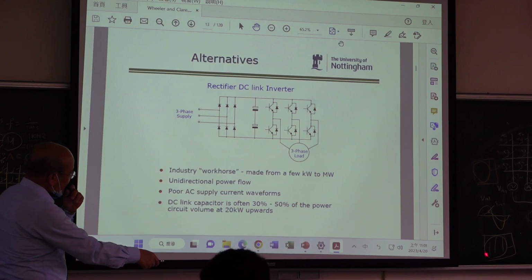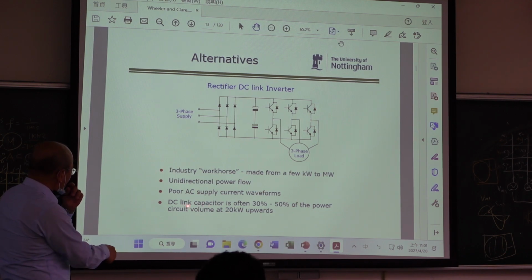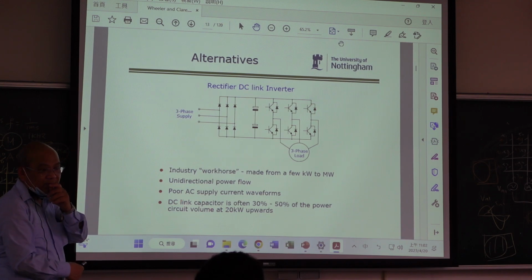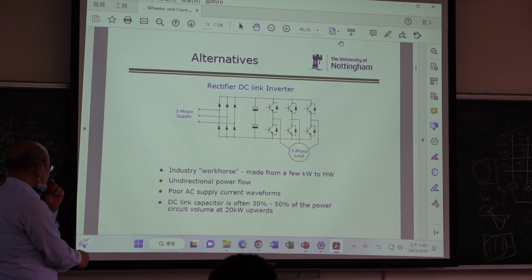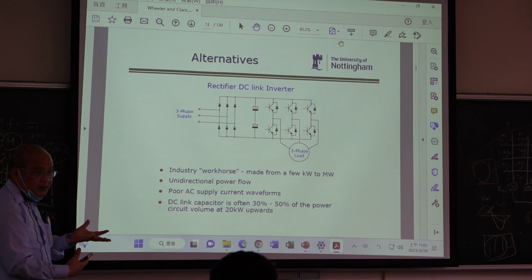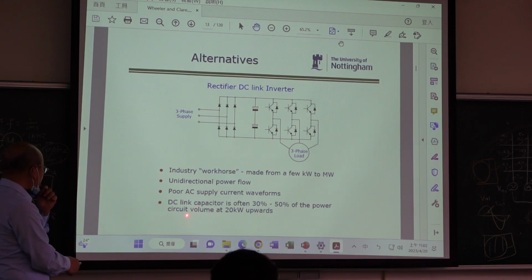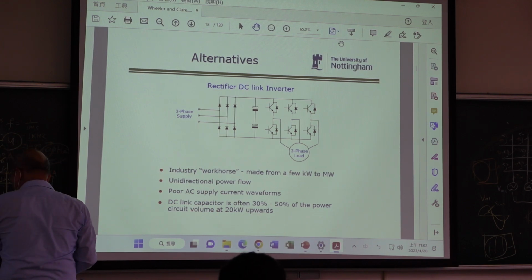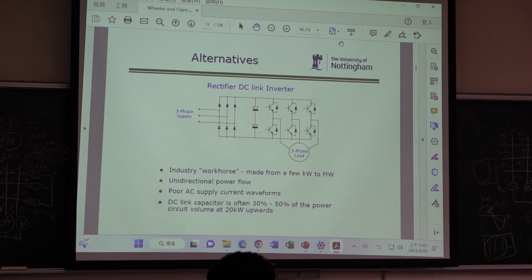So if you open the case, most of the volume is occupied by the DC link capacitor. And the life is only 5 years. So you have to replace the DC link capacitor. So the inverter has some disadvantages.